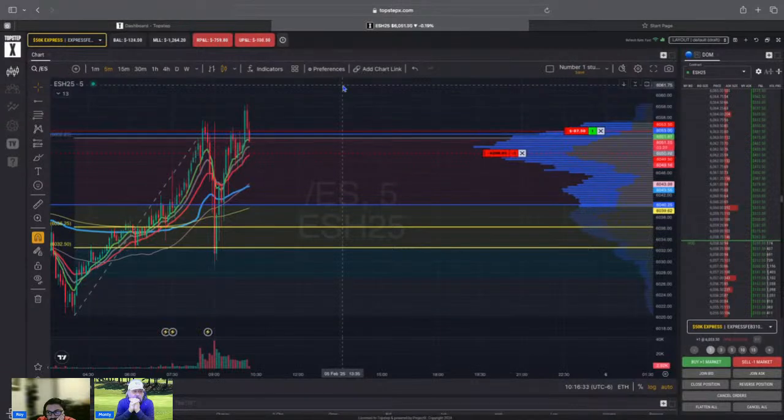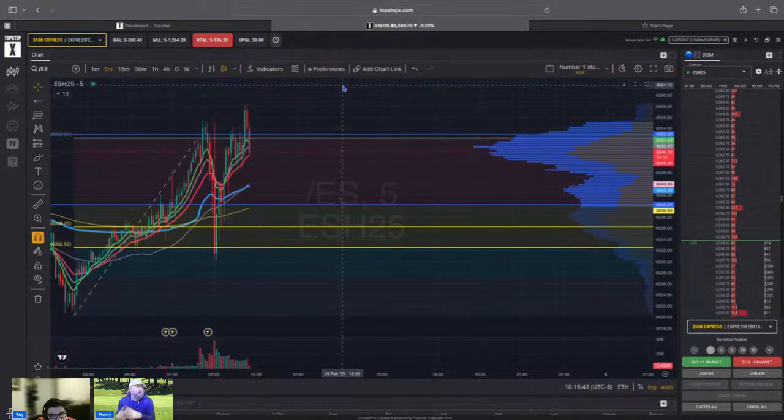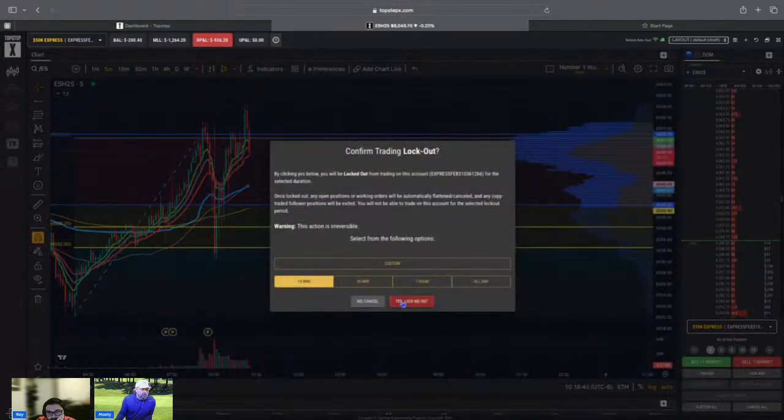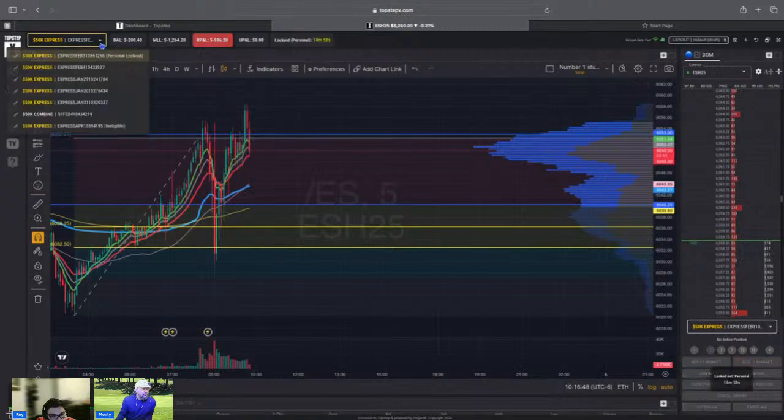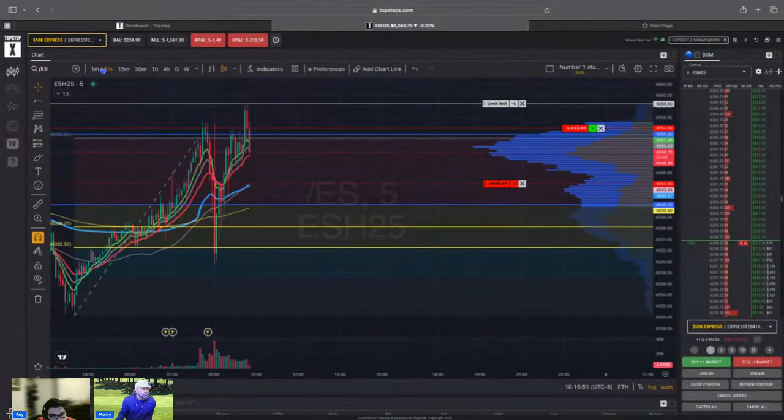This breakdown here, I'm not loving. It could go to this 21 and that would take me out and then go straight back up. That would be about right. Yeah, took it out. So this one, we're going to lock this account for 15 minutes. Can't touch that one. We're not stopped out of this one yet, which we probably should take it out, to be honest with you.